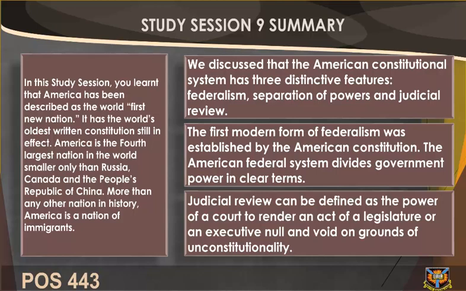More than any other nation in history, America is a nation of immigrants. We discussed that the American constitutional system has 3 distinctive features: federalism, separation of powers, and judicial review. The first modern form of federalism was established by the American Constitution. The American federal system divides government power in clear terms.